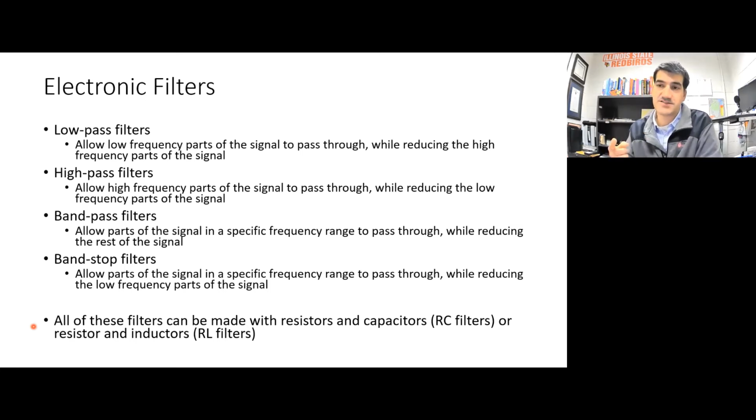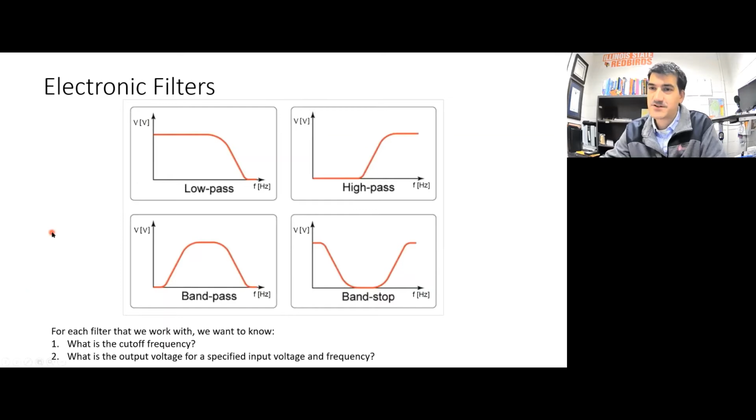Today, we'll talk about RC and RL low pass filters. Next time, we'll talk about RC and RL high pass filters. This is kind of what it looks like if we have frequency plotted on the horizontal axis and amplitude or voltage of the signal on the vertical axis. What a low pass filter does at lower frequencies is allow that signal to pass through unmitigated, unabated, whereas it will attenuate. The word we usually use is attenuate.